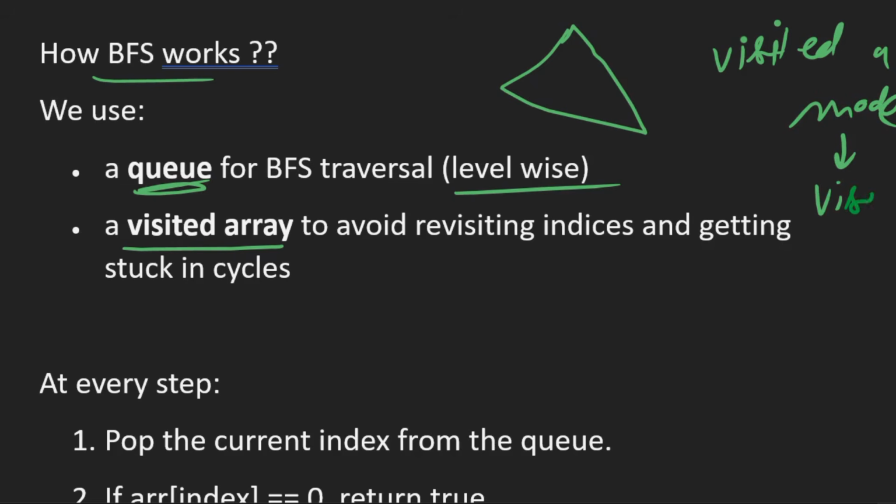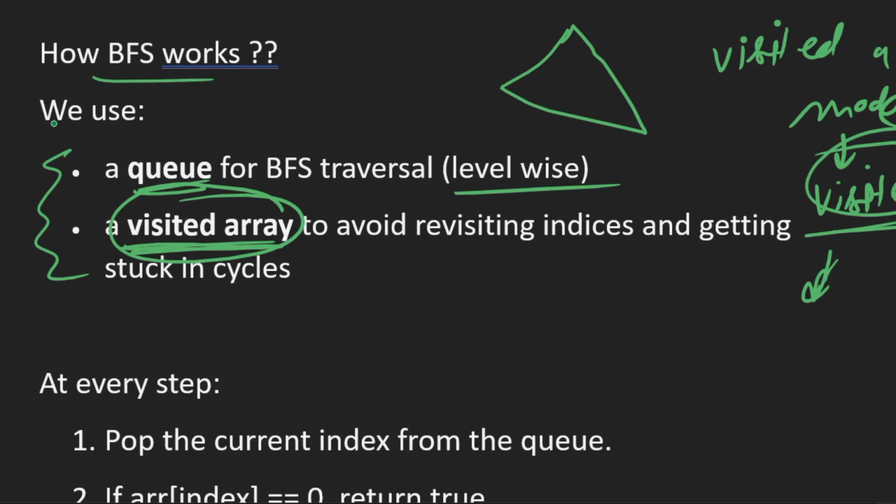And if we somehow reach that node again, then we won't explore it again, because we have already explored that node. We see that with the help of the visited array. So these are the two data structures that we will be using in the BFS implementation.